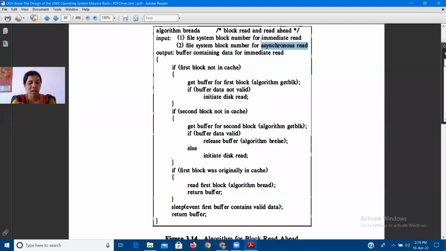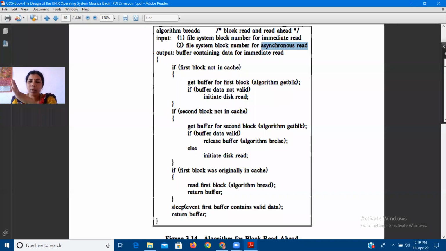फाईलची साईज जर 10 ब्लॉक असेल तर पहिल्यांदा मी पहिला ब्लॉक रीड करणार, त्याला मी इमिडिएट रीड म्हणणार. त्याच्यानंतर मी दुसरा ब्लॉक रीड करणार, त्याला मी असिंक्रोनस रीड म्हणणार. जेव्हा पहिला ब्लॉकचं रीडिंग होईल मी दुसऱ्या ब्लॉकला येईल, दुसऱ्या ब्लॉकचं रीडिंग स्टार्ट करेन. So that second block will be treated as an immediate and third will be treated as an asynchronous.